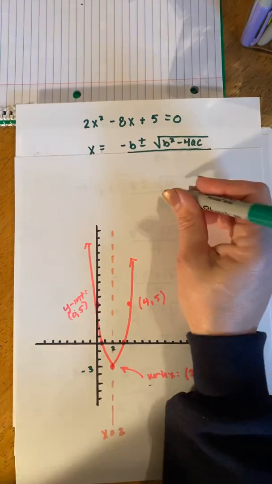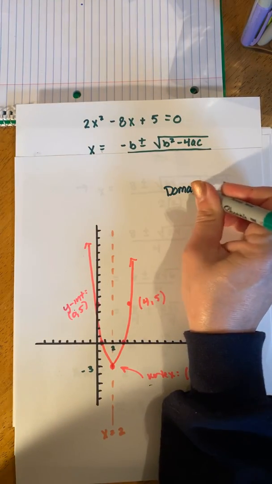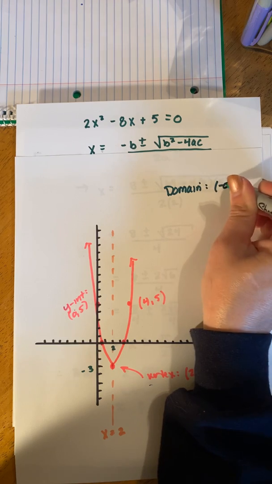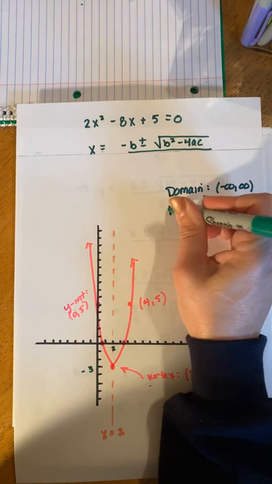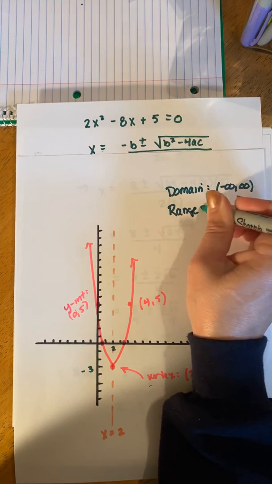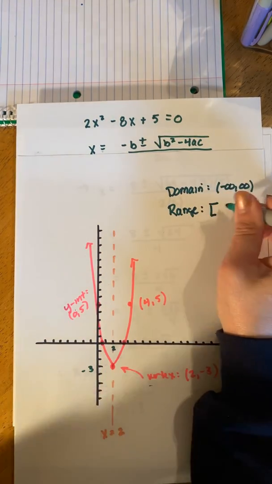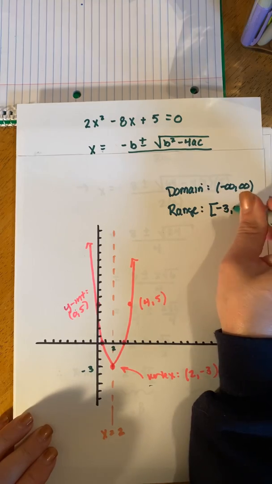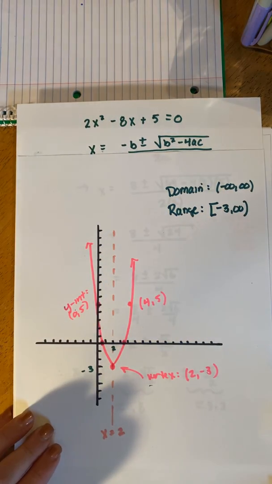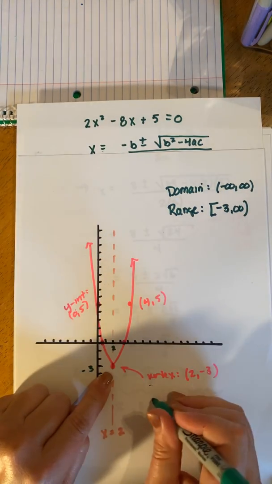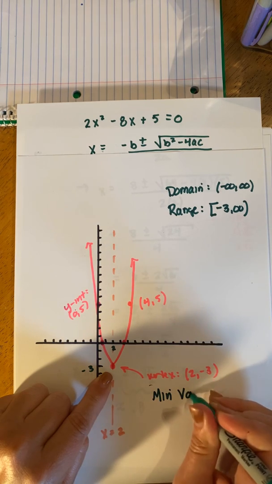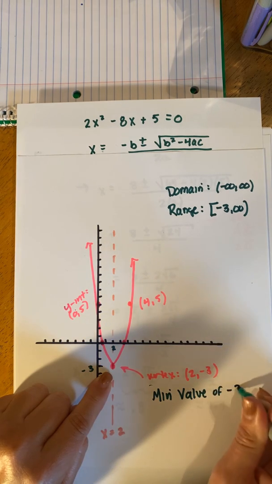Okay. So the domain: negative infinity to infinity. The range, well, it's all the points above the y-coordinate of the vertex: negative 3 to infinity. Has a minimum value of negative 3.